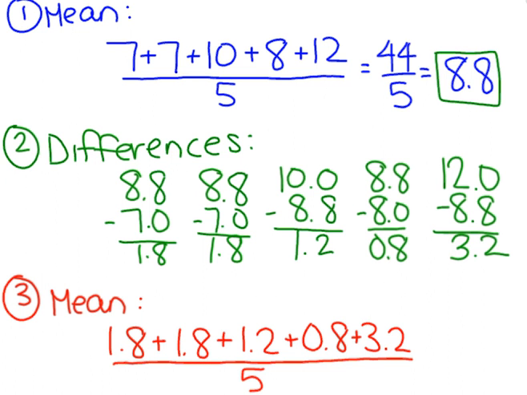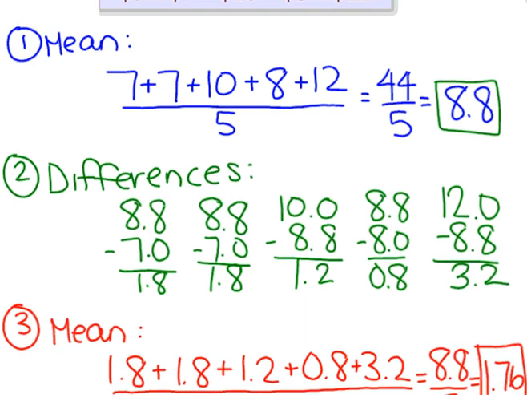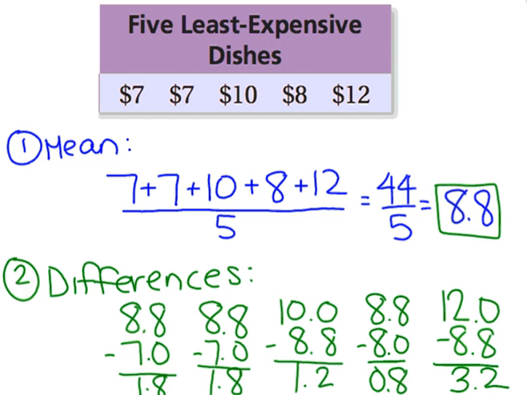The sum of those numbers comes out to 8 and 8 tenths, and 8.8 divided by 5 is 1 and 76 hundredths. So right here, this is the mean absolute deviation for the least expensive dishes. That means that on average, the dishes are about $1.76 away from the average, which was $8.80.